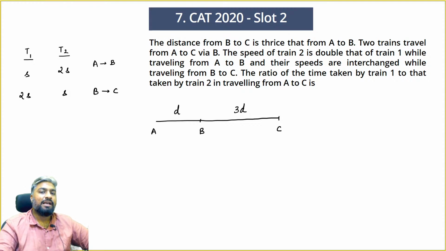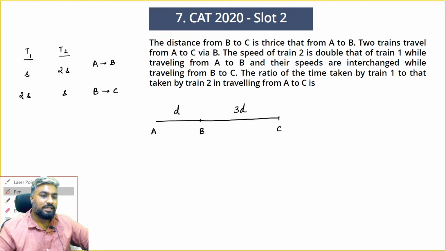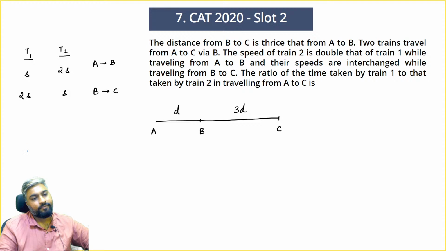The ratio of time taken by train 1 to train 2 for entire distance is how much? So let's first look at train 1. Train 1 total time taken will be how much?